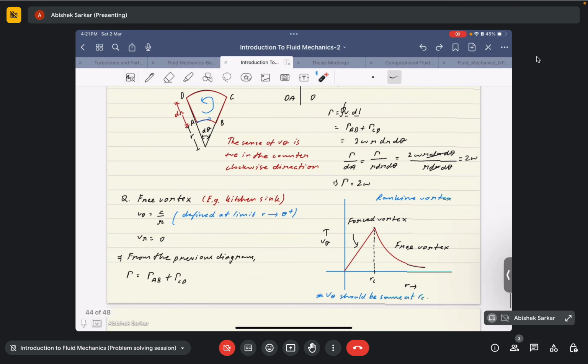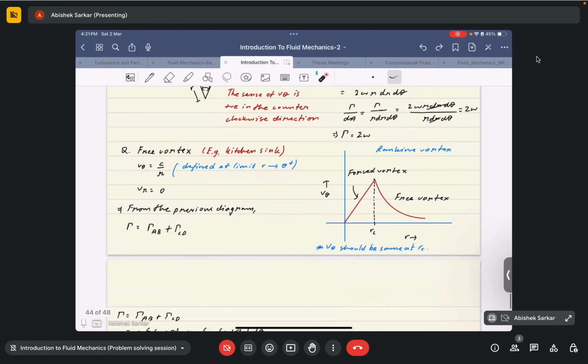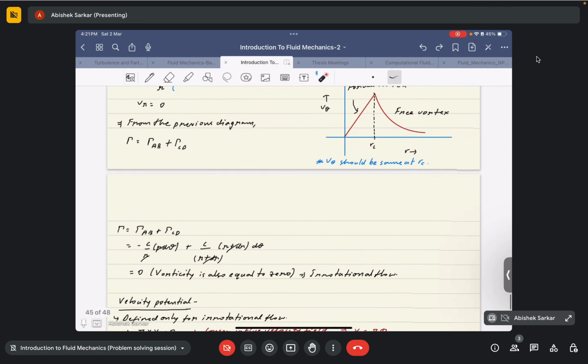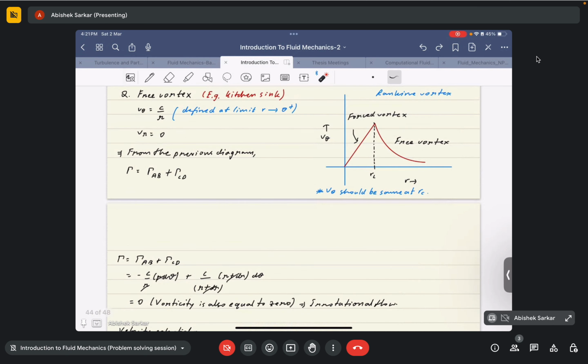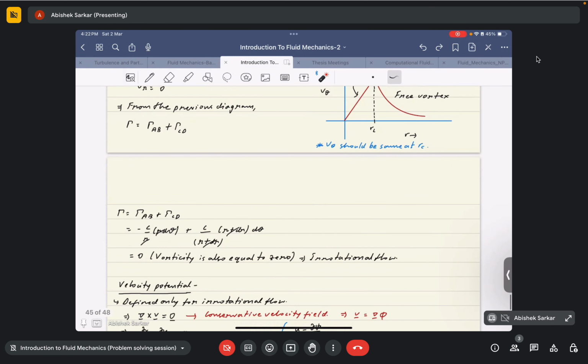And again, similar calculations can be done for the free vortex. I will not go through that for the sake of saving time, but from that we get that if we evaluate the net circulation in the case of a free vortex, the net circulation is 0, which again implies that the net vorticity is also equal to 0.